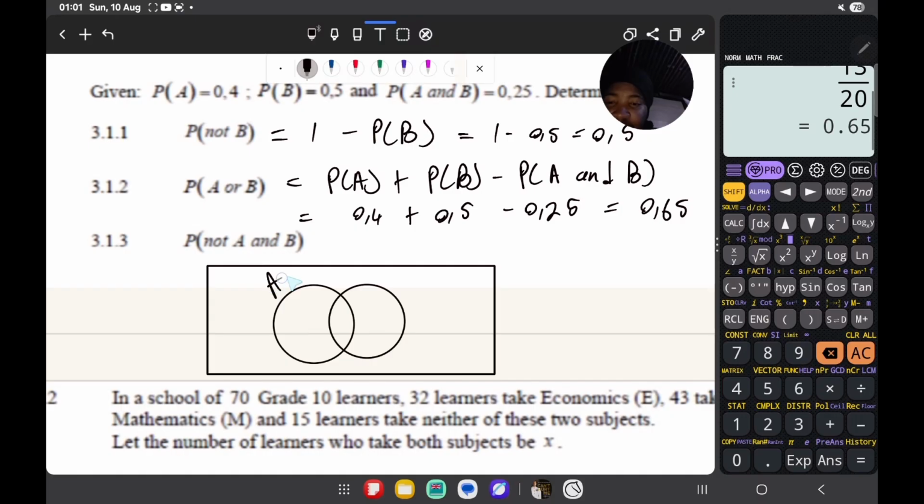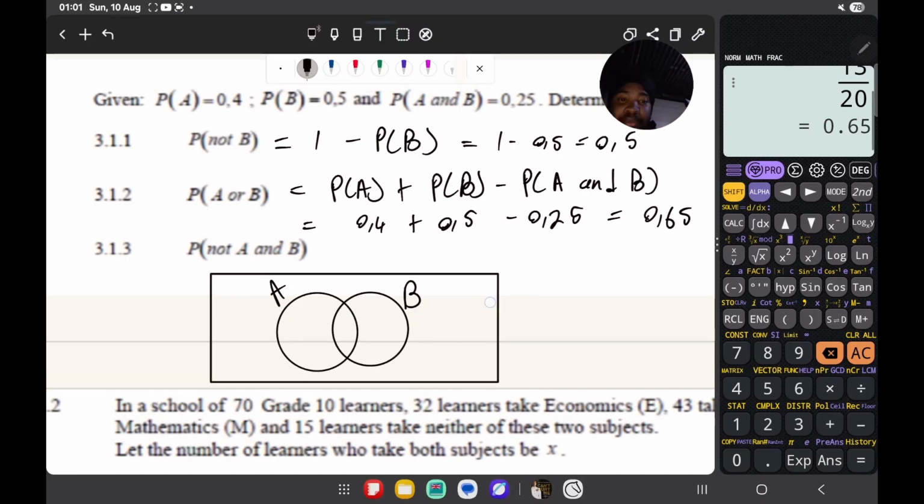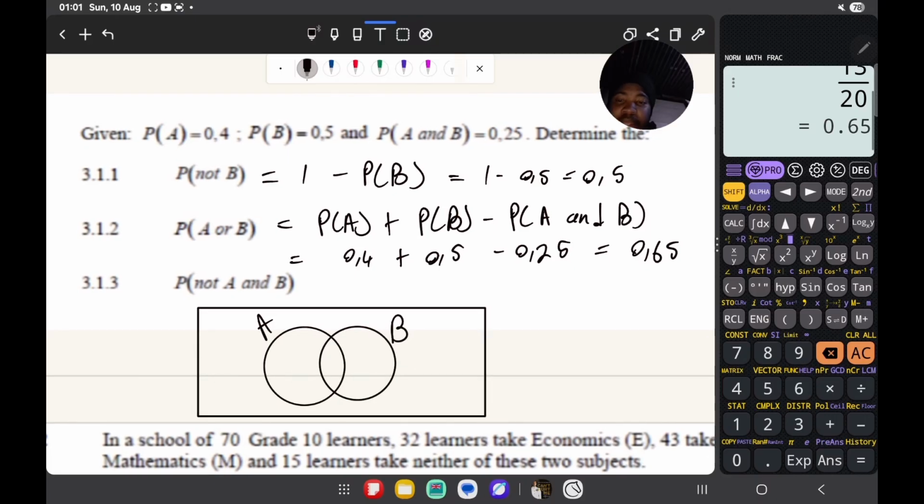I will say this is A and this is B. The intersection is 1 over 4, which is 0.25.